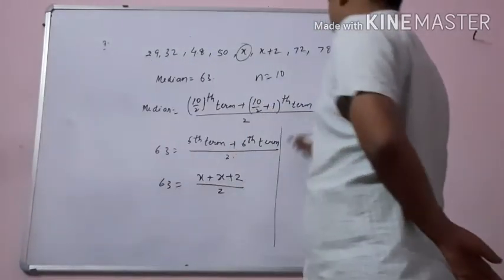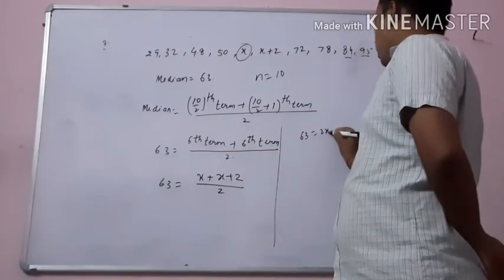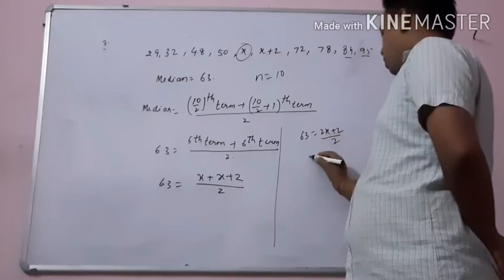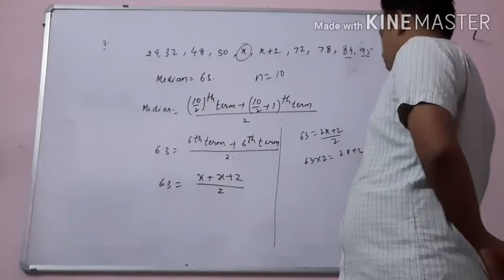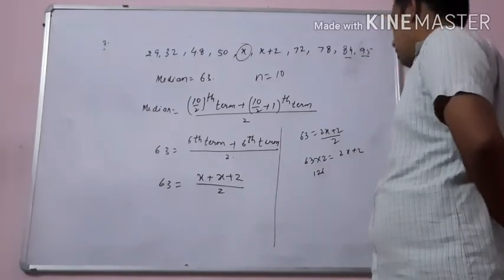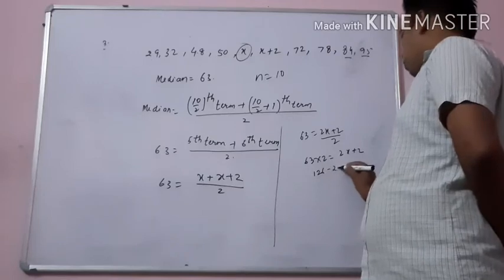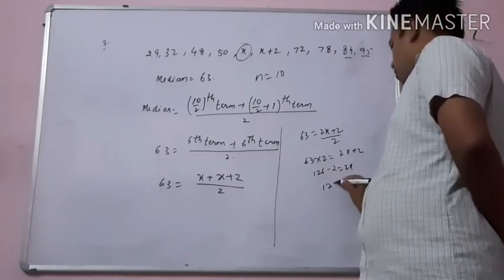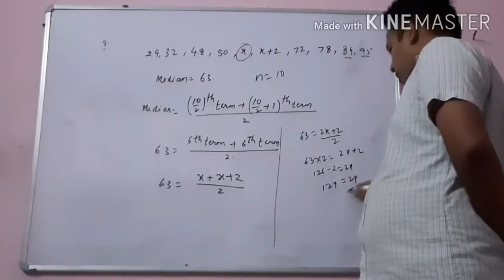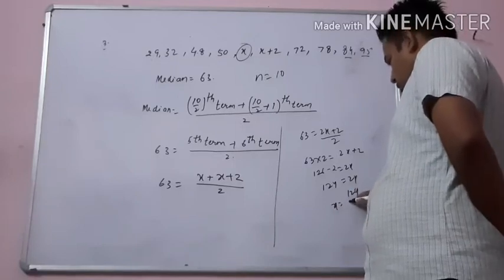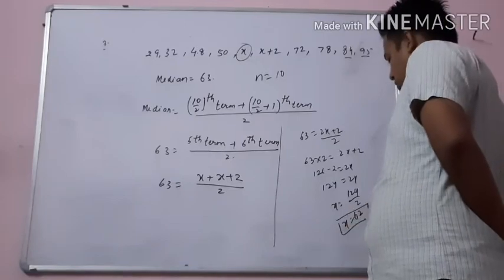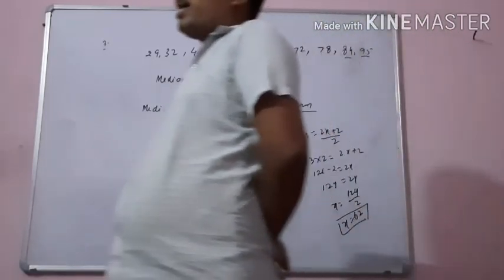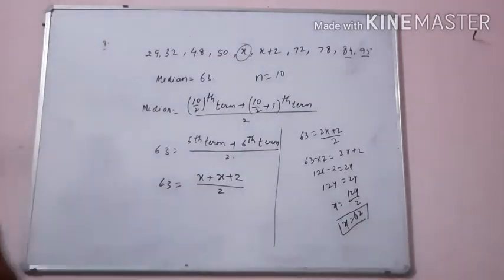What you get? 63 equals 2x plus 2 upon 2. 63 into 2, that is 126, equals 2x plus 2. 126 minus 2 is 124, so 2x equals 124, x equals 124 upon 2, x equals 62. The value of x is 62.